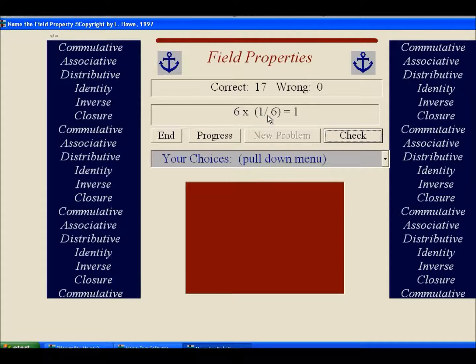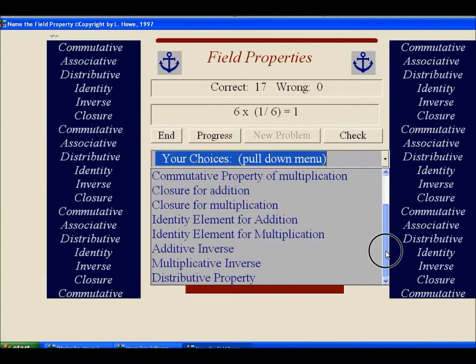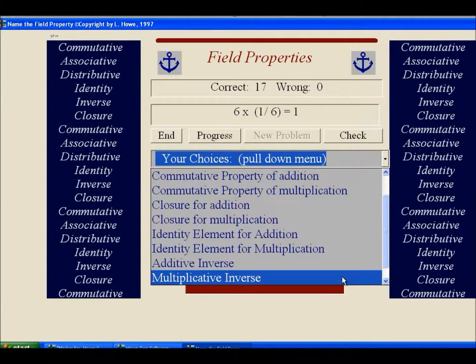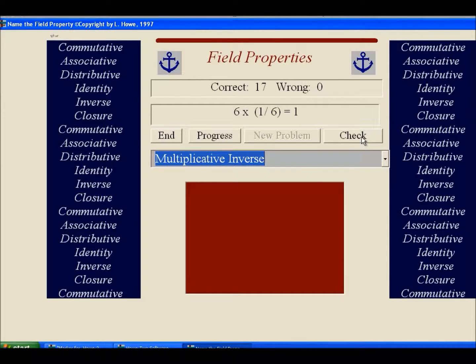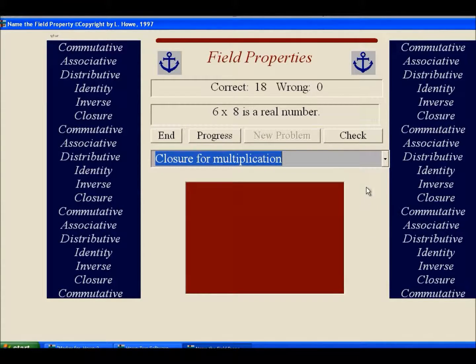See, the multiplicative inverse of 6 is 1/6, which gives you back the identity element for multiplication. So this is showing the multiplicative inverse. That's a real number. Closure for multiplication.